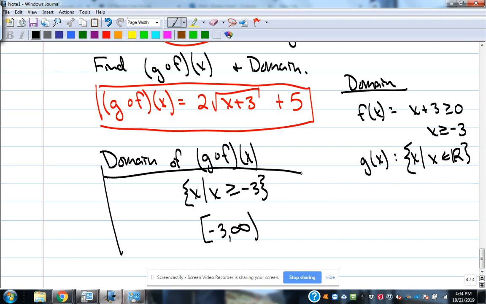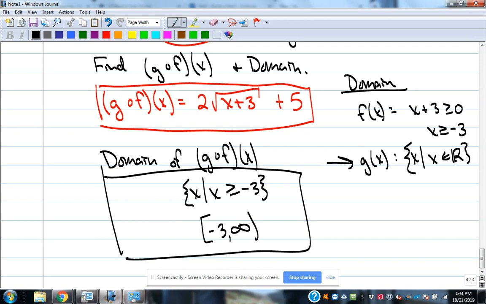Because there were no restrictions on that, we didn't have to do any extra work. And that's kind of nice when that happens. So restrictions on the second function listed in the composite statement, and the restrictions when you apply the first restrictions.